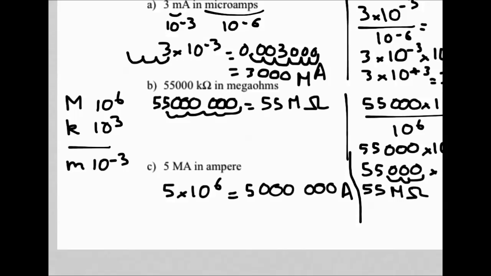And then you're going to have micro, 10 minus 6. And then you're going to have nano, 10 minus 9. And then you'll have pico, 10 minus 12. Okay? So these are very important, and in electrical science we'll be using all of them. So resistance will go up to mega, and we'll see, for example, capacitance will go down to pico.